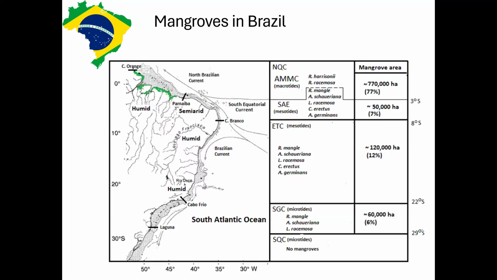So you've got the AMMC, which is the Amazon macrotidal mangrove coast, and the SAE, which are the two areas that we're focusing on, which is the semi-arid equatorial coastline.